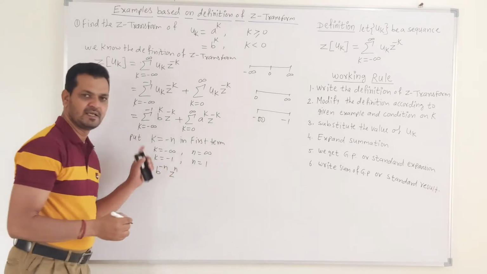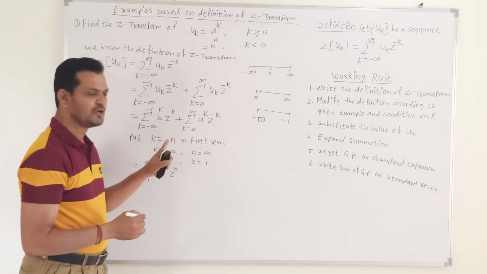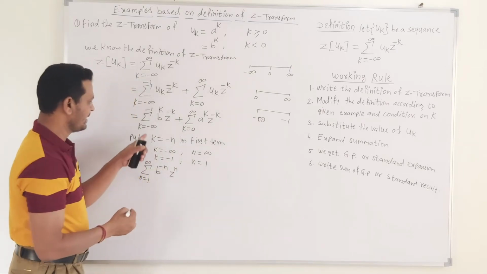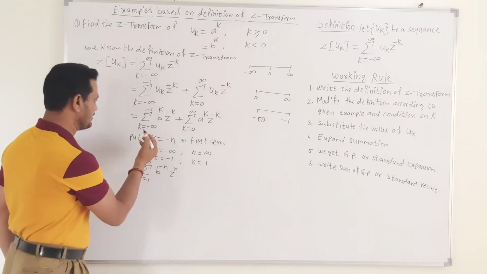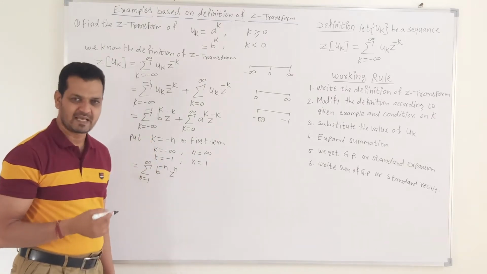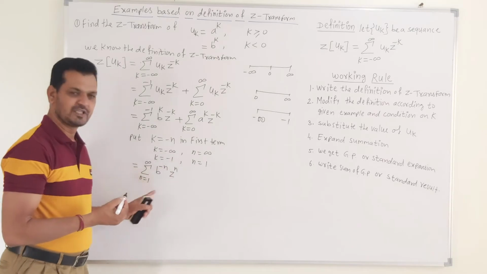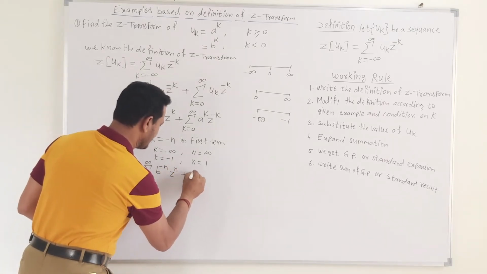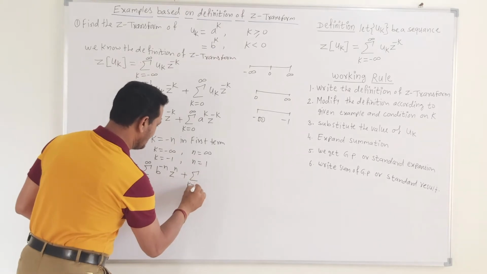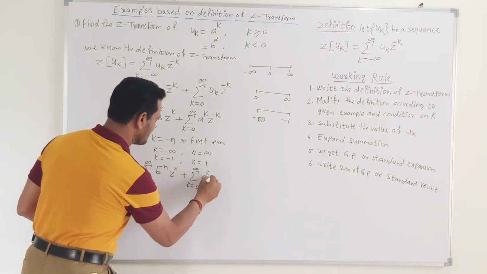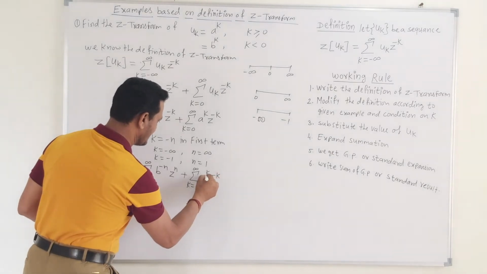So this is the substitution after putting k equal to minus n in the first term. The variable changes from k to n, but in z transforms variables are immaterial, so such a substitution is possible. Now friends, write down the second summation as it is. Here k goes from 0 to infinity, with a raised to k, z raised to minus k.